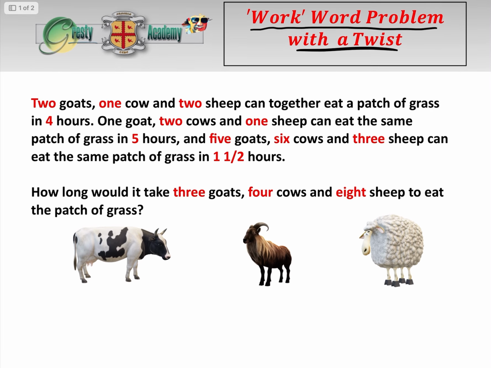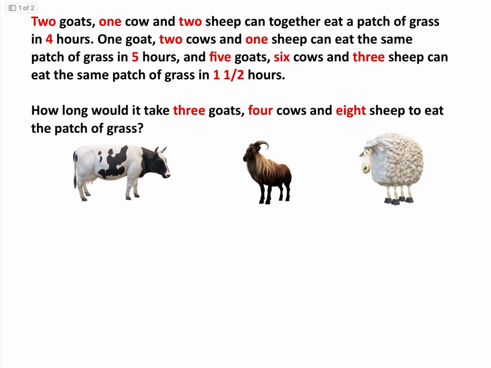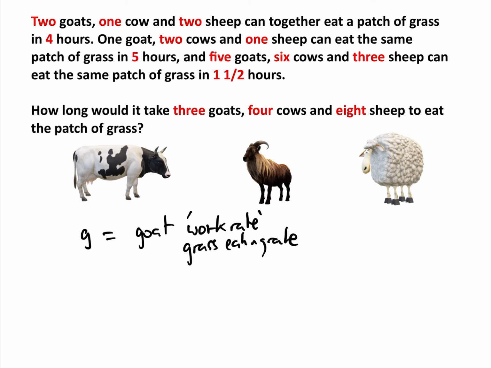Now what we need to do is define our variables. Let G be the goat work rate, or it would be work rate if the goat was building a house. As it's not building a house, let's call it the grass eating rate, i.e. the fraction of the patch of grass it eats per hour.